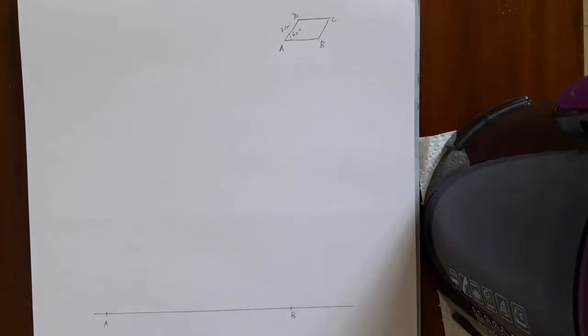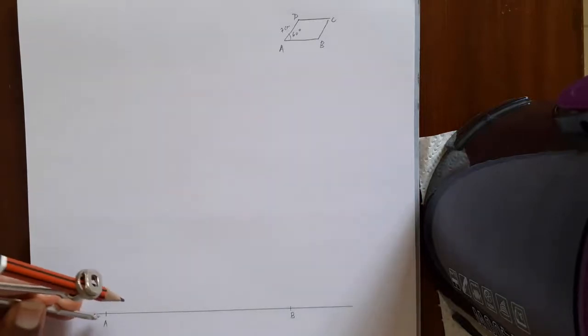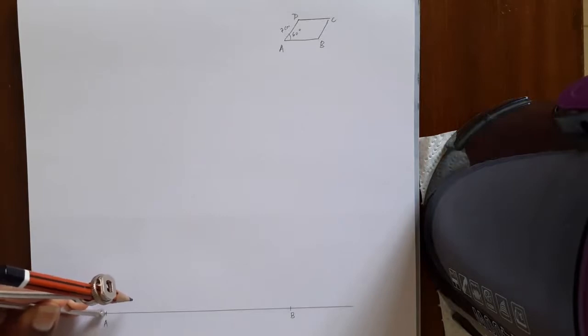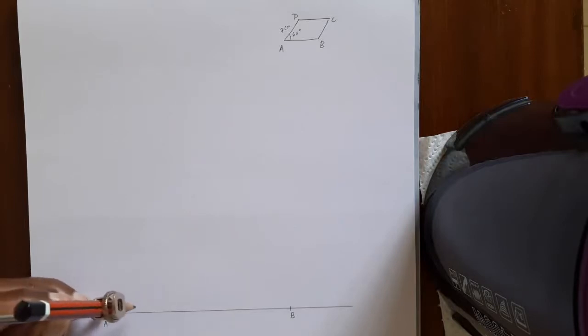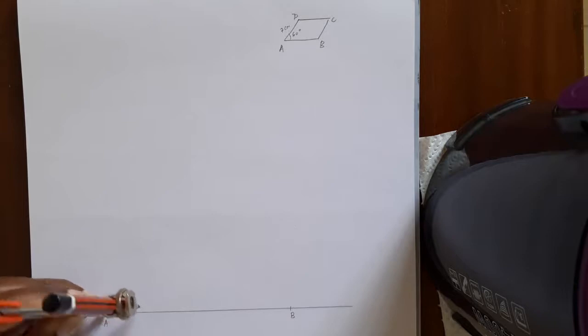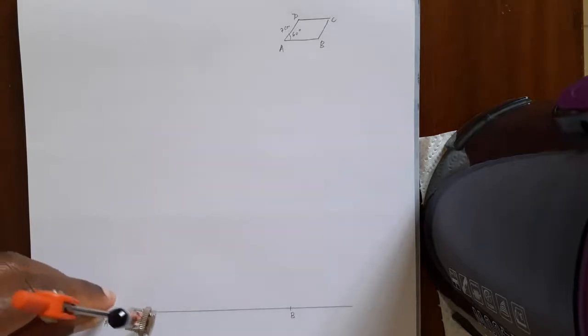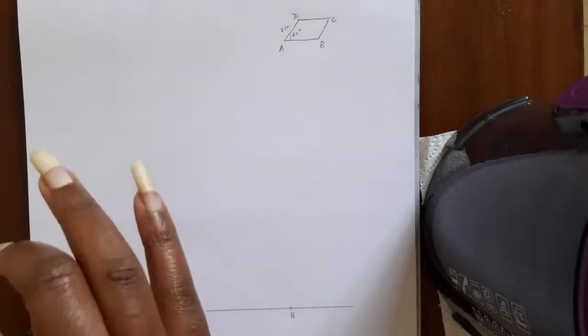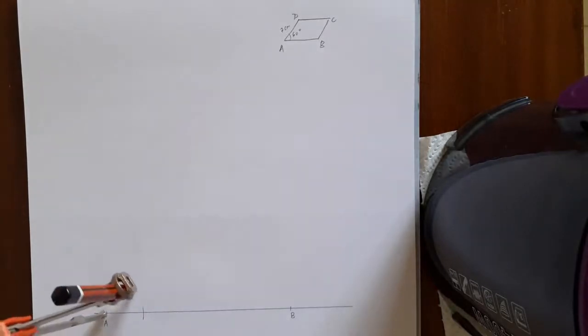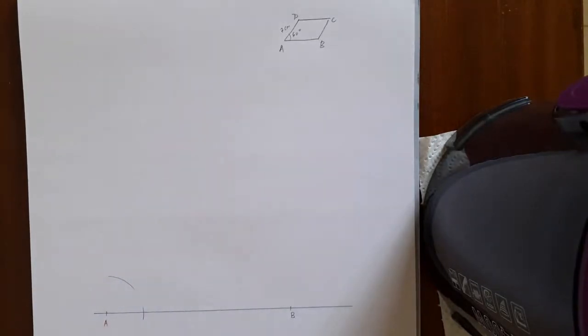So the first step is to construct the angle 60 at point A. To do that, you take your compass and you mark along line AB, and you also make an arc.